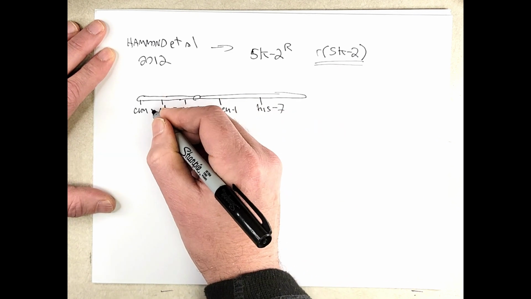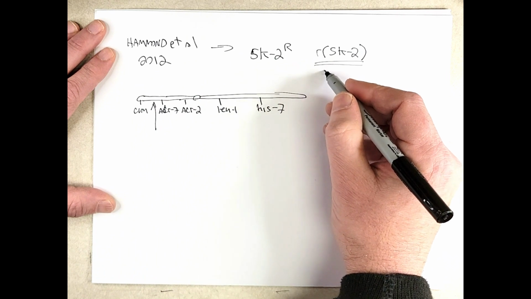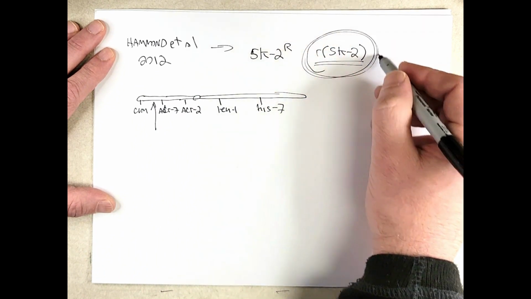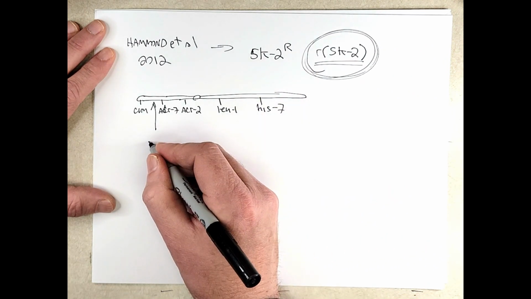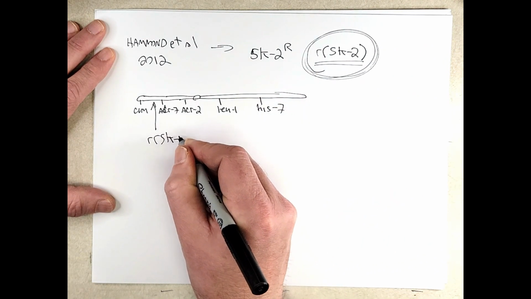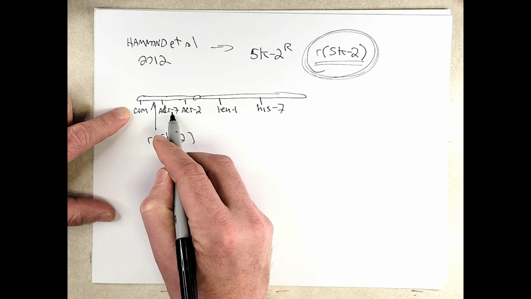They had already shown that if a researcher wants to try and identify the exact location of this RSK2 gene, well, they should look between cumulus, to the right of cumulus, and to the left of ACR7.